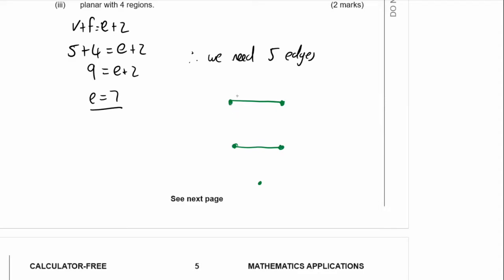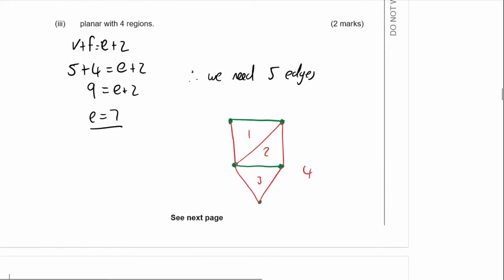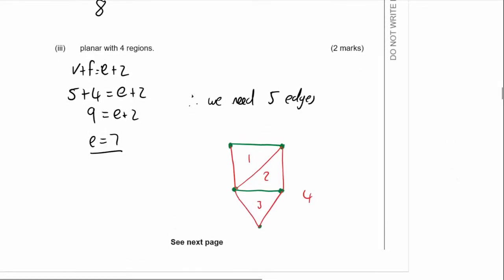So we could go, and I'll do it in a different color here, 1, 2, 3, 4, 5. So now we've got 1, 2, 3, 4 faces or 4 regions, and we had to add in an extra 5 edges. So that's the other way you can do it. So that'll be your working out for that one over there. So we need an extra 5 edges for that one.